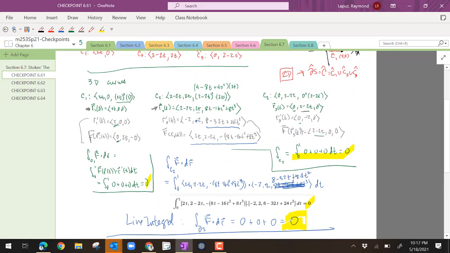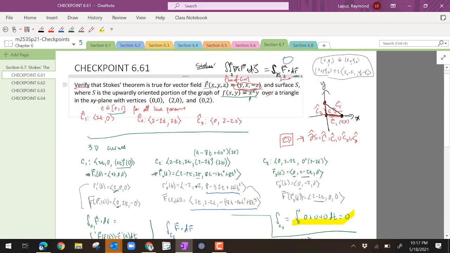Normally, Stokes theorem will ask you to just do one side or the other, and a lot of times one side is going to be easier. Sometimes it's going to be the line integral side, sometimes it's going to be the flux of the curl side. So it really just depends on the problem on which side is going to be easier. Okay, good luck.